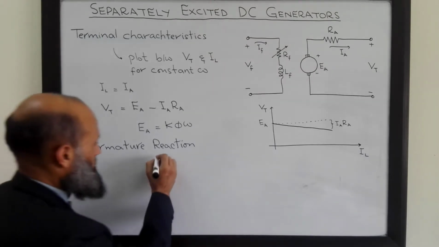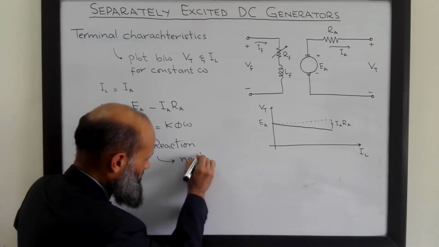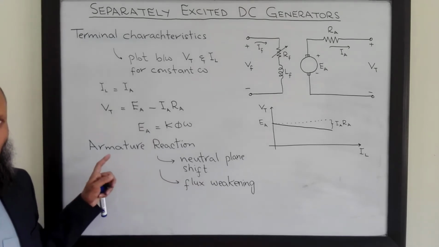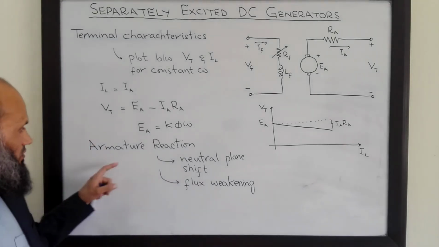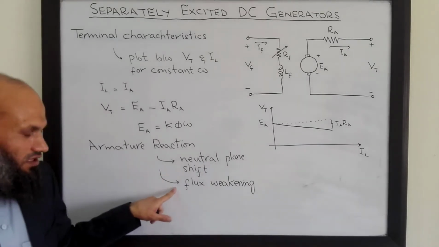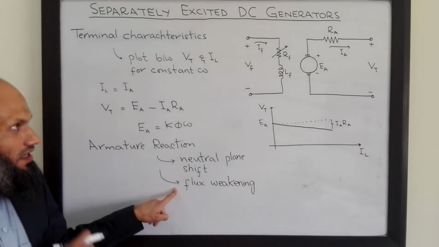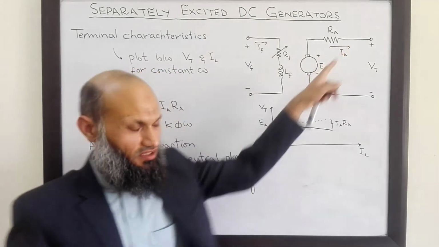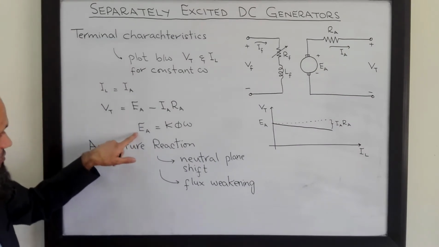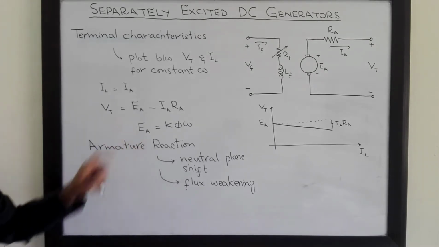We remember that armature reaction had two effects, that is neutral plane shift and flux weakening. So if there are no compensating windings in the generator, there will be armature reaction, and due to that there will be flux weakening. Total flux in the machine will decrease. As the armature current increases, the total flux in the machine will decrease, and due to the decrease in flux, EA will also decrease.